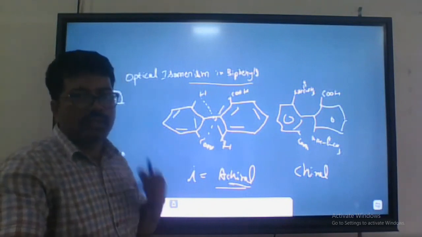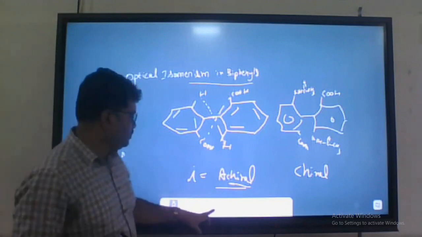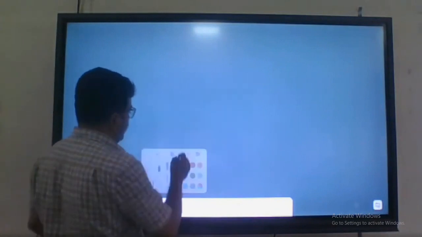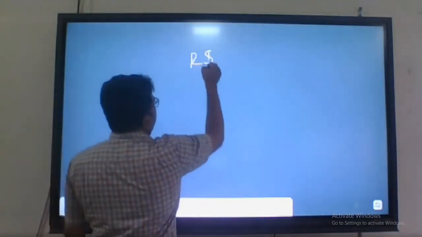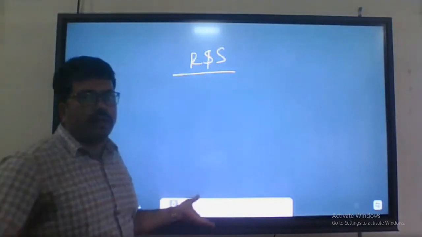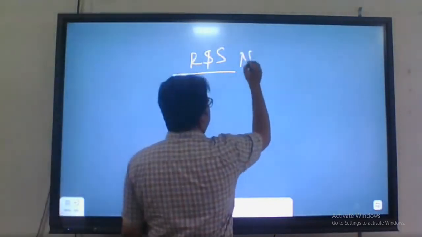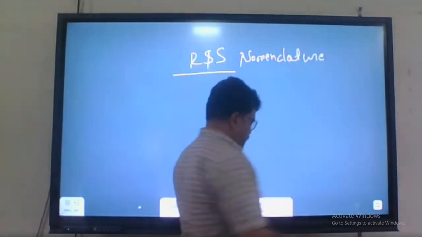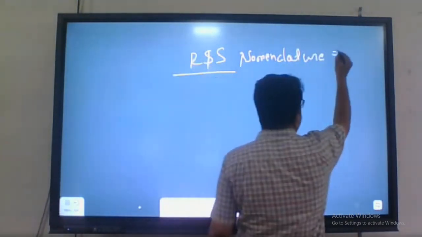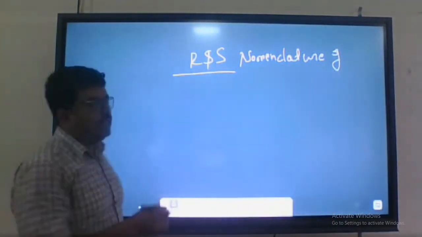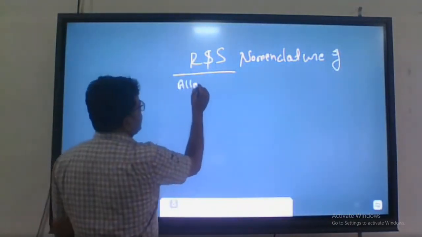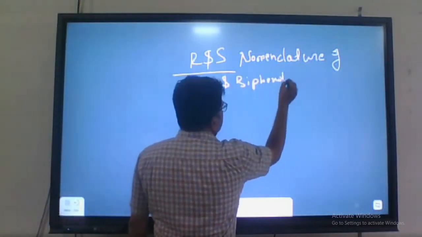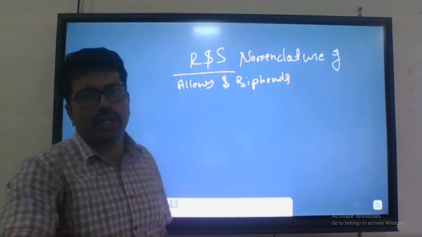Next is R and S nomenclature, which is very important. R and S nomenclature of allenes and biphenyls.